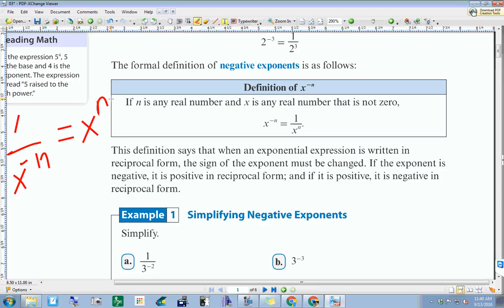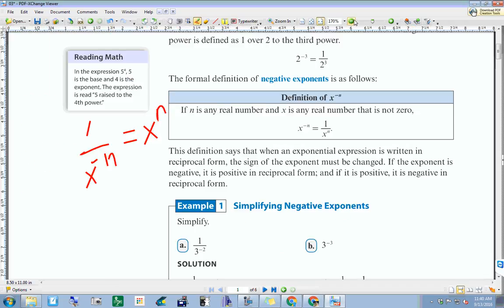So make sure you pop this other one in there as well. And what it does, it's kind of the same idea that's here. If I got x to the n, it's 1 over x to the n.